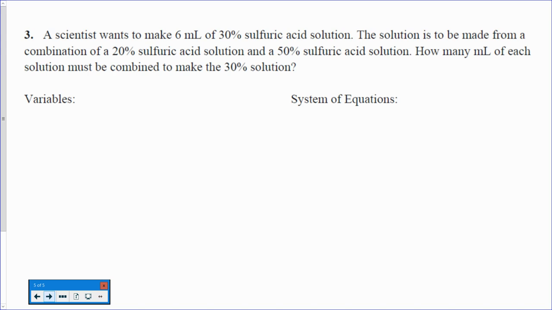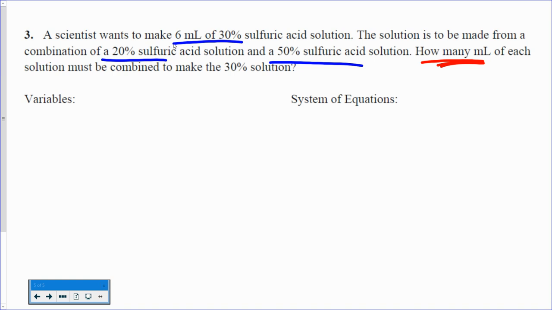A scientist wants to make 6 milliliters of a 30% sulfuric acid solution. The solution is to be made from a combination of 20% sulfuric acid and 50% sulfuric acid. Here's our question: how many milliliters of each solution must be combined to make the 30% solution?